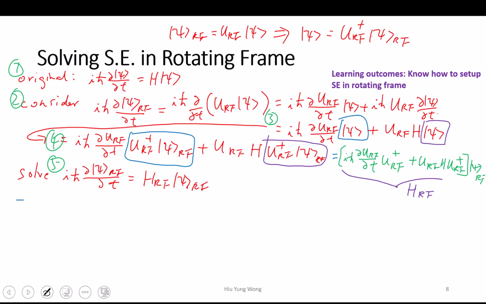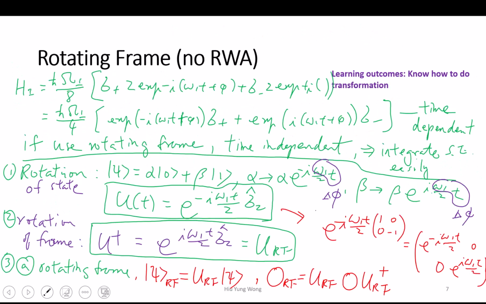First, what is partial U_RF partial t? What is U_RF?